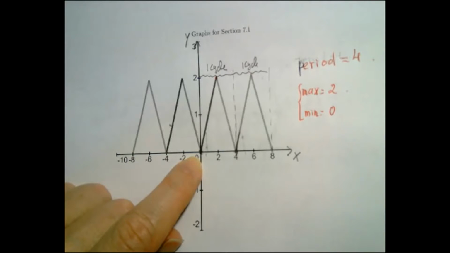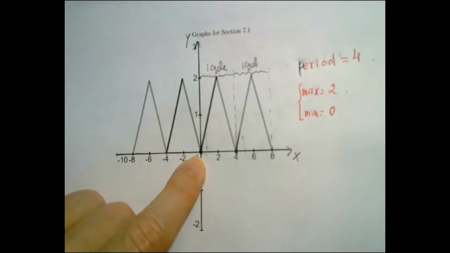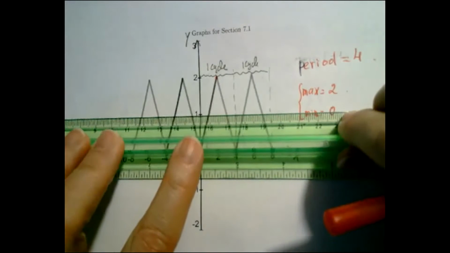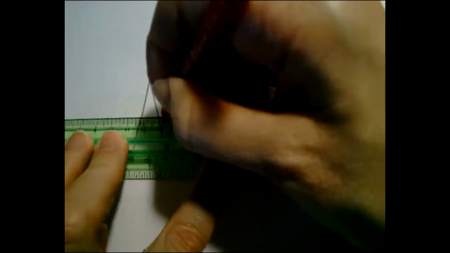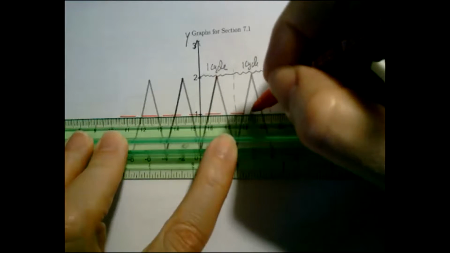What's the midline? It's a horizontal line, halfway between the max and the min. Because that's a very simple scenario, I don't need any formula. It means right there. That's the midline. It's a line. Be very, very careful. It's a line. That's the midline, halfway between them.